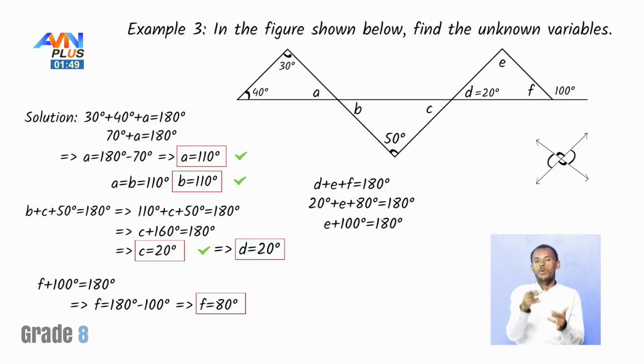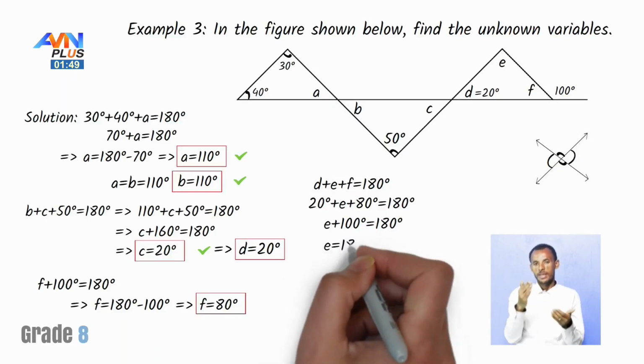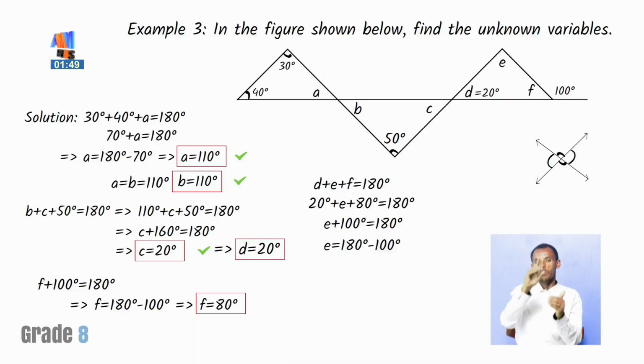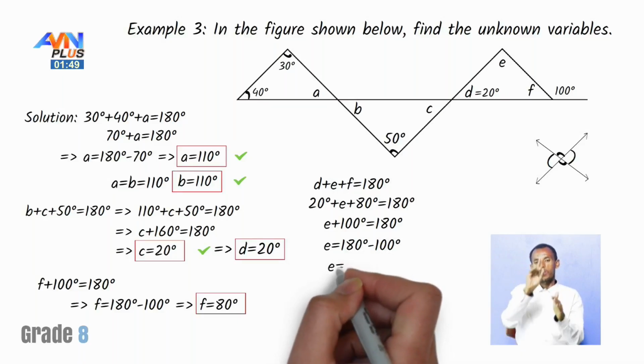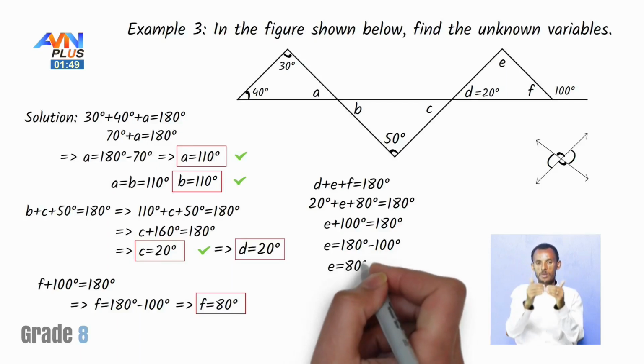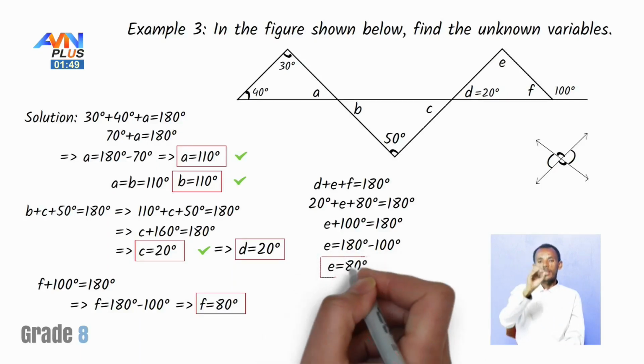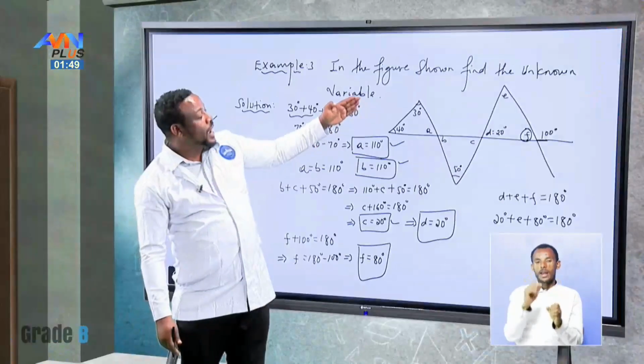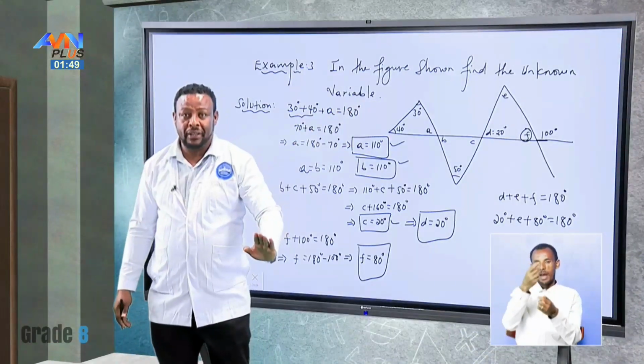Now you can easily obtain the E value. You can shift this 100, so E becomes 180 degrees minus 100 degrees. So the E value is 80 degrees. This way we can calculate the unknown variables A up to F, right?